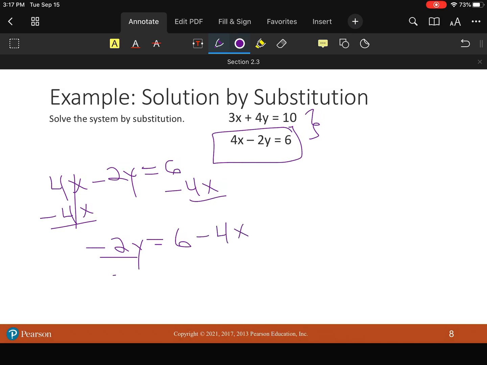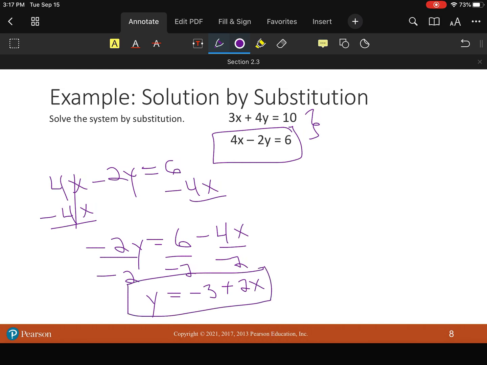All right, we're going to divide by 2. Now be careful here. And we end up with y equals negative 3 plus 2x. Okay? That's what we're going to substitute into the first equation in the system.